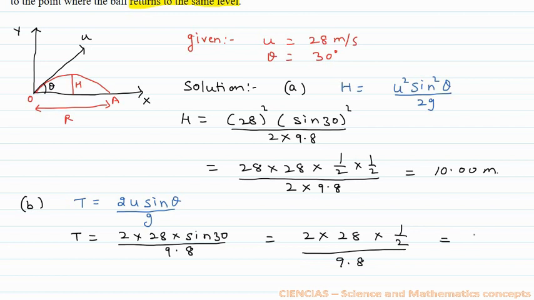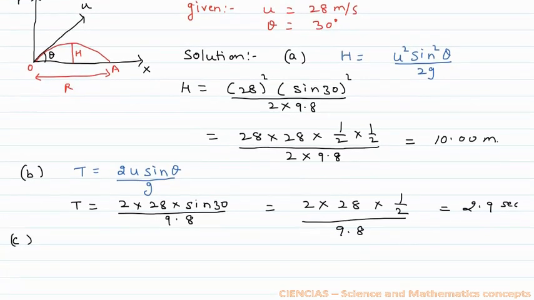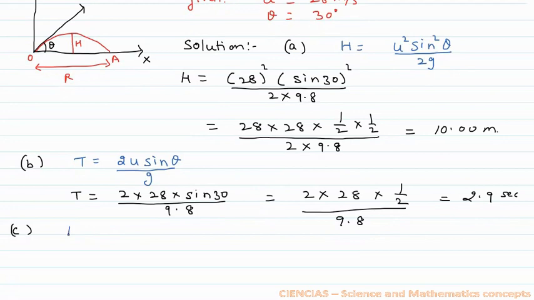Now part C. In part C, we have to calculate the range. We see the formula for range. Range is given by R is equal to u square sine 2 theta upon g. So now for this, we put the values. R will be equal to 28 square sine of 2 into 30, that is 60 degrees, upon 9.8.